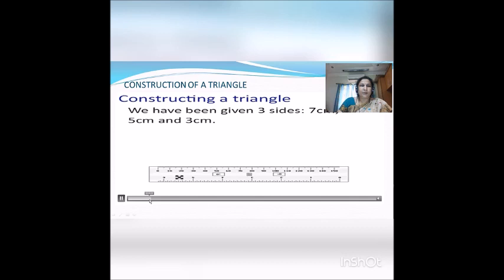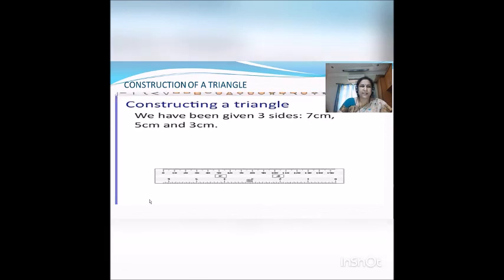So take a distance of 7 centimeters, that is the longest distance here. That will be the base of your triangle. So you can draw a segment with 7 centimeter length.